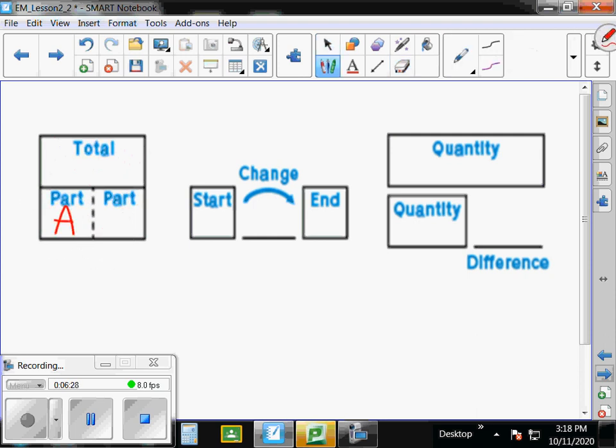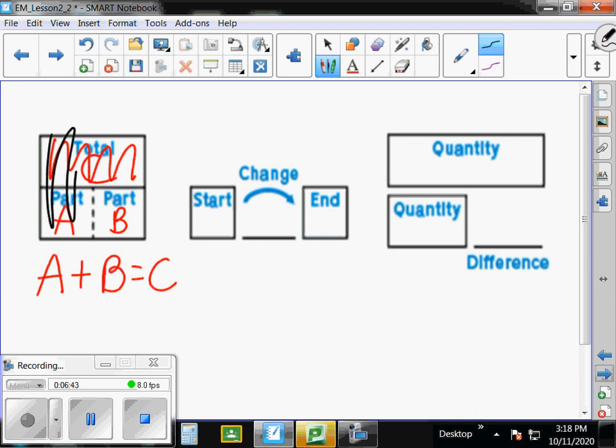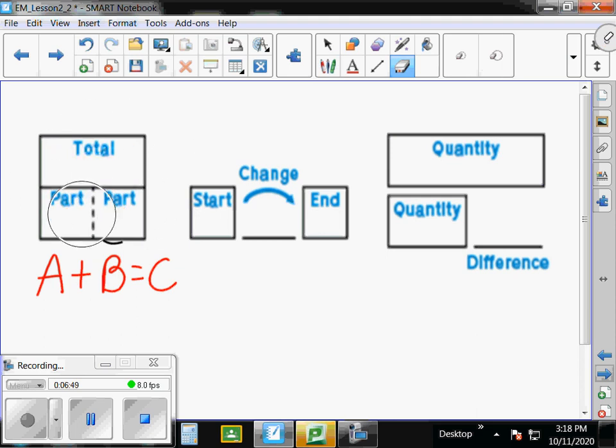So if I have a letter A here and I have a letter B here, I'm going to do A plus B to equal that C. Okay? Or maybe I'm going to start with my total and subtract part of it to get the other part. So this is a really great diagram for addition or subtraction because you're just adding the two parts up to get your total.